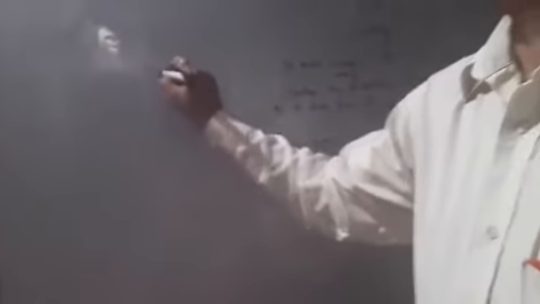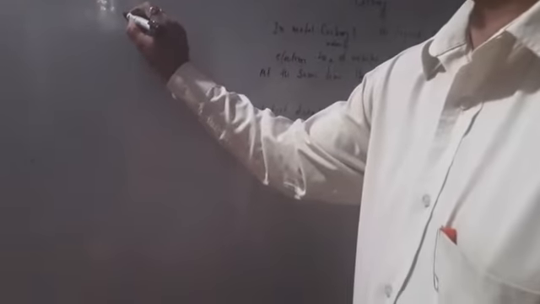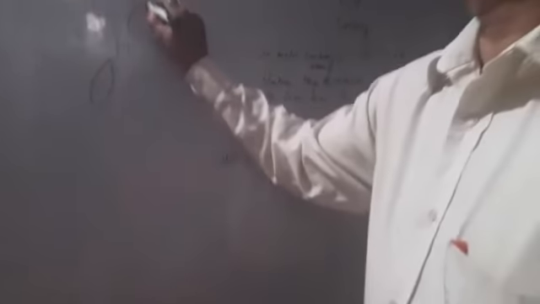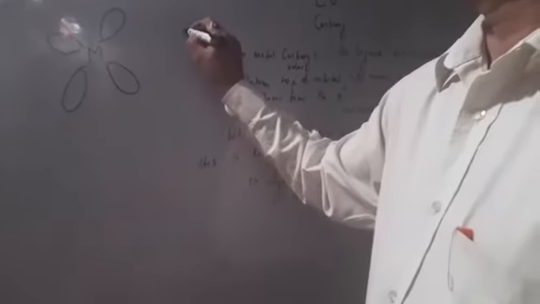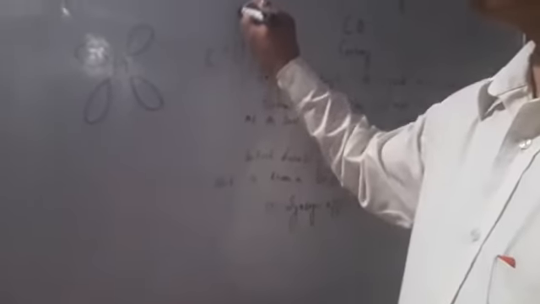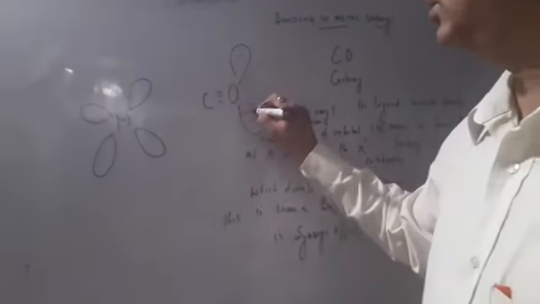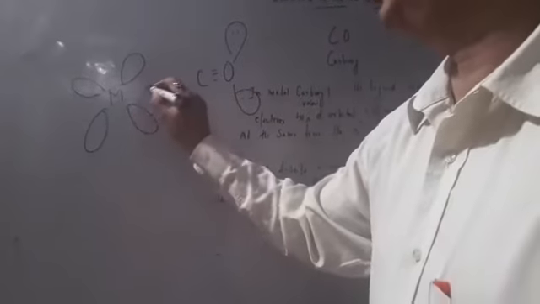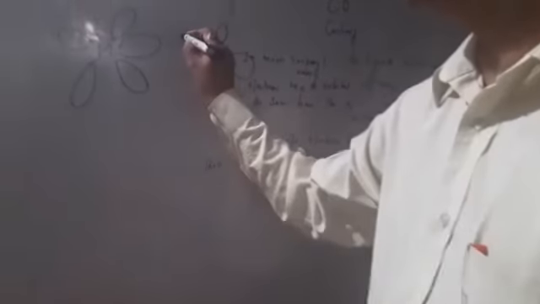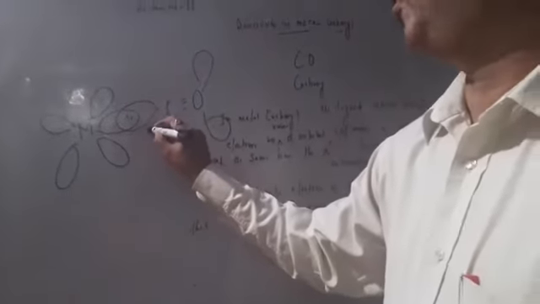It means we can draw this diagram. How can we show the synergic effect with ligands? These are the transition metals, and CO is a neutral ligand. The CO ligand donates electrons to the metal atom, and it forms a sigma bond.